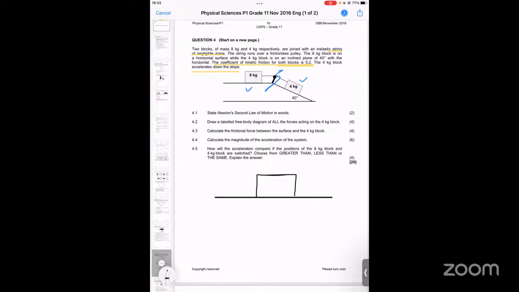Let's say we have a force applied like that. So when we do calculations, we look at its components, and we're going to have one going down, which is going to be force applied sine of the angle.